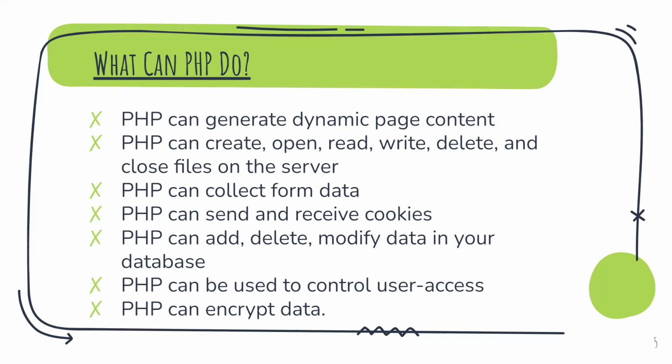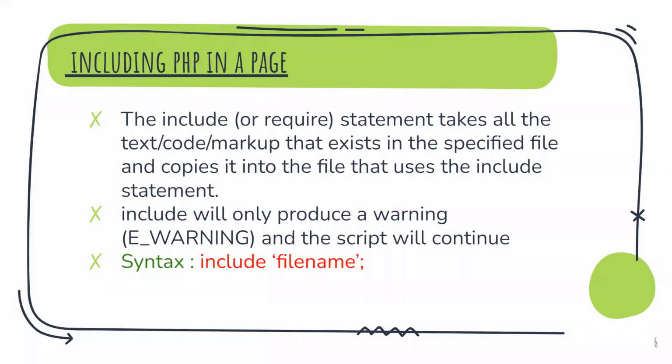We can also collect information from forms, as I've mentioned earlier, and then we can add and delete information from the database. So these are some of the important functions of PHP.